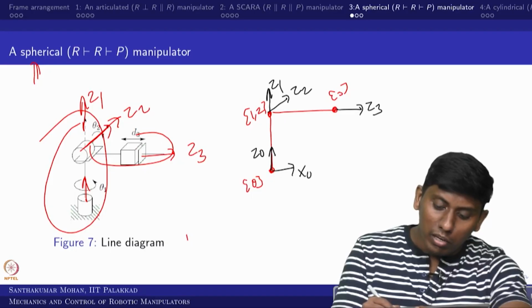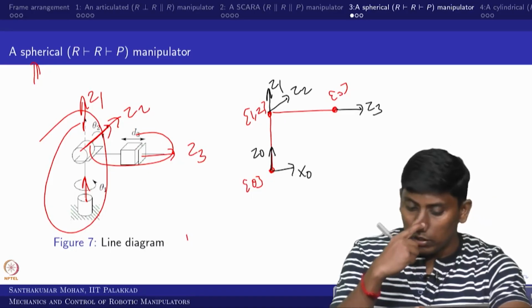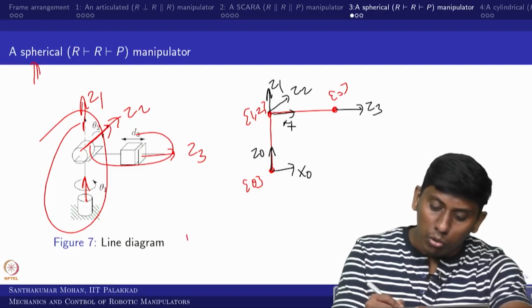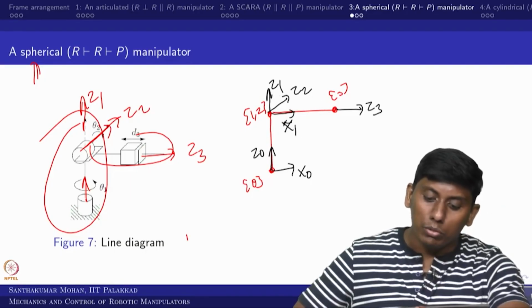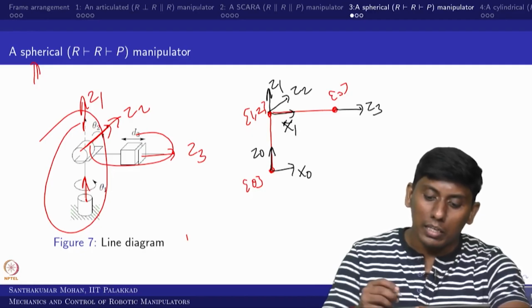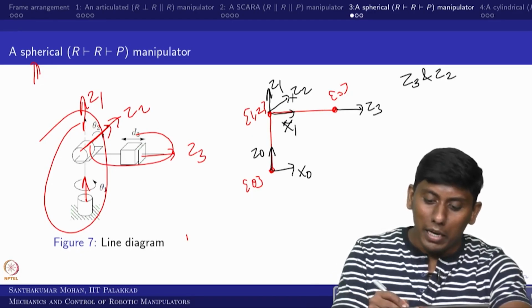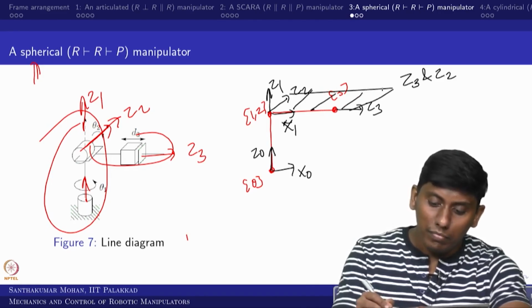So, x0 is fixed with respect to Z1 and Z0. These two are parallel and these two are the plane containing the progressing side. So, this is what you call x1, but while choosing x2, what would be the case? You have to check the nature of Z3 and Z2. The plane containing them is this, right.